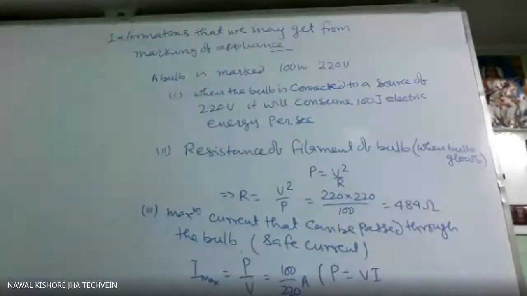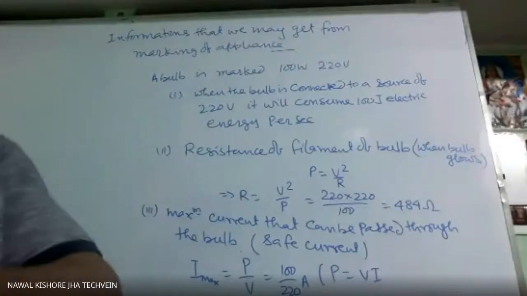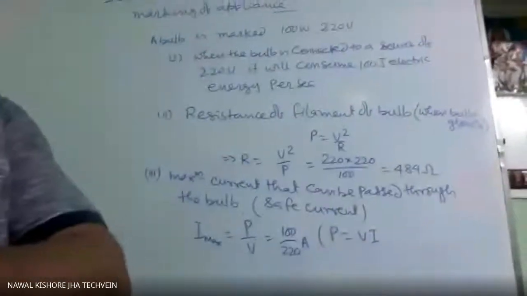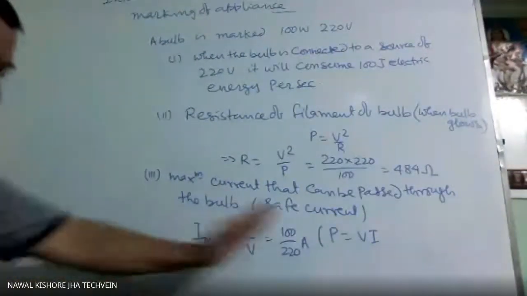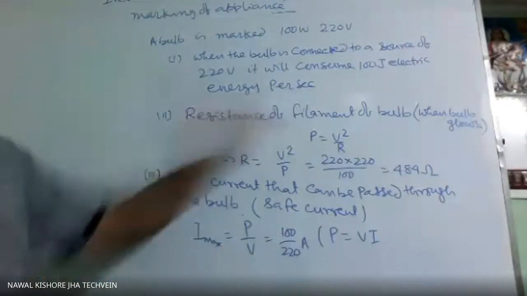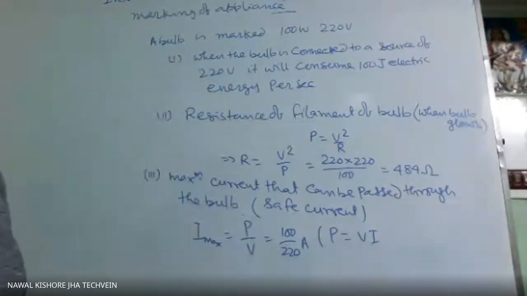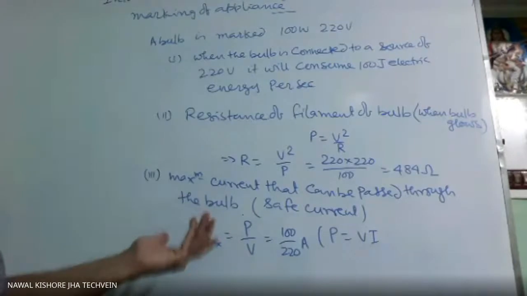If current anyhow exceeds this value, the bulb will fuse. If current is less than this, its power will change. If the voltage is changed, naturally only then will the current change.